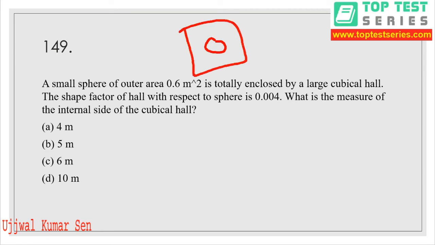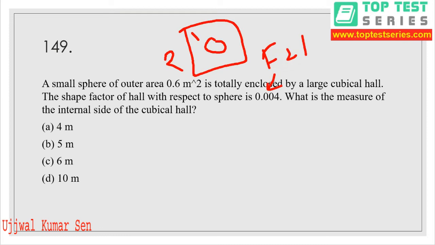We have to use the concept of shape factor of the hall with respect to the sphere. Let's say the hall is 2 and the sphere is 1. So we have F21 given.